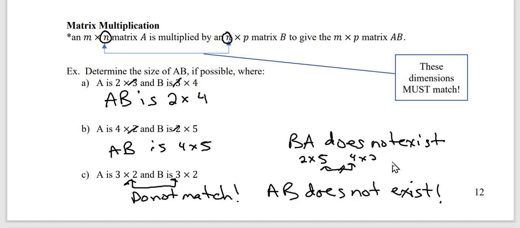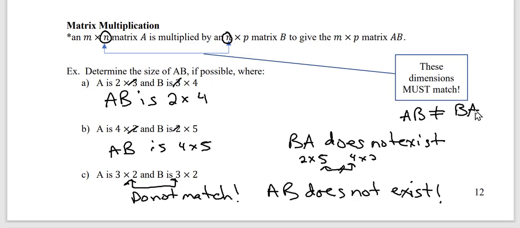That's an important distinction about matrix multiplication. If AB exists and is 4 by 5, but BA does not exist, clearly that tells us that AB is not equal to BA with matrix multiplication. It's not like numbers. When you multiply two numbers, you can switch the order. We call that commutative, and you still get the same result. Matrix multiplication is not commutative.